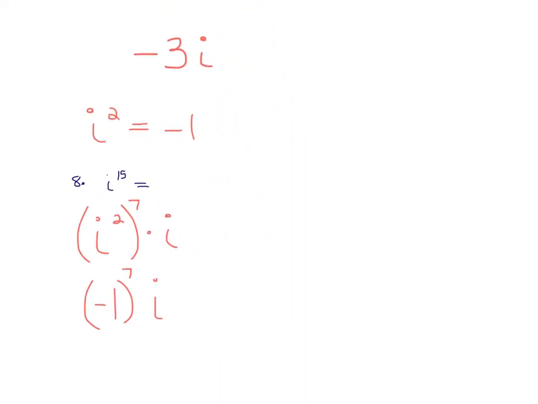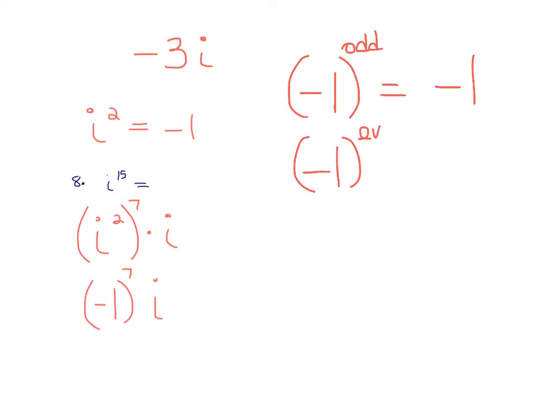If you have -1 raised to an odd number exponent, and by odd I mean 1, 3, 5, 7, 9, 11, then your answer is going to be -1. If your exponent is an even number, the answer is going to be +1.